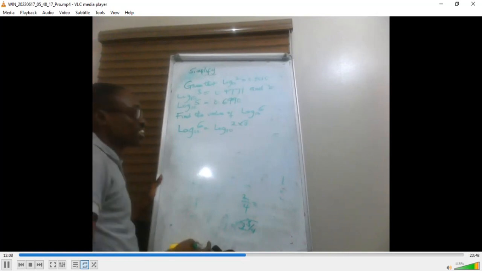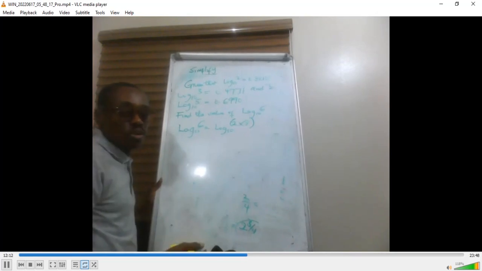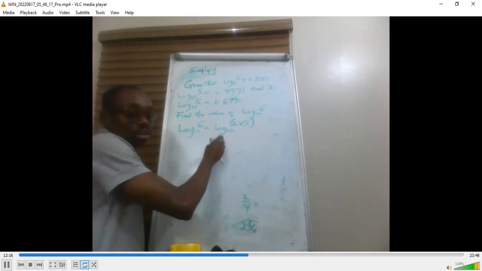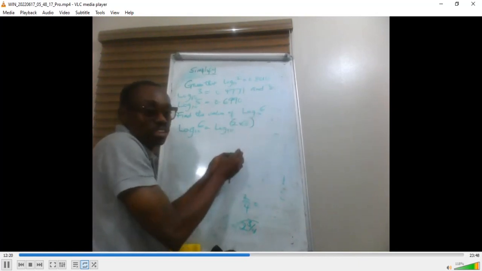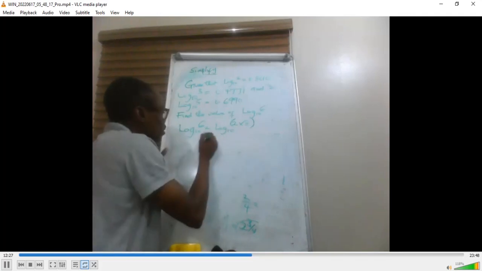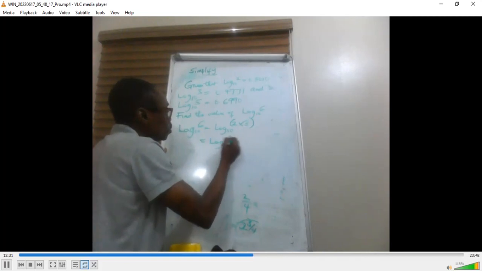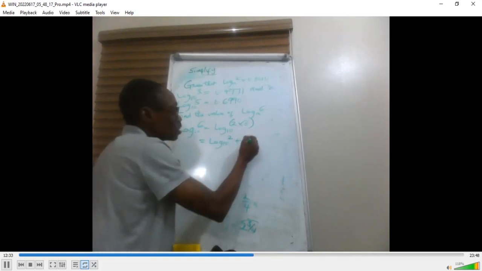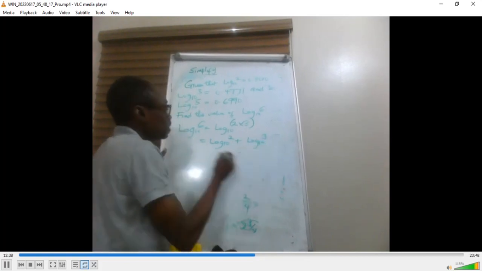So at the end of the day, you can apply the first rule of logarithm, which states that when you have 2 logs being added together, you can actually multiply the numbers. So now we're going to reverse it. These numbers are being multiplied. We're going to add the logs together. So this is going to be log 2 base 10 plus log 3 base 10.